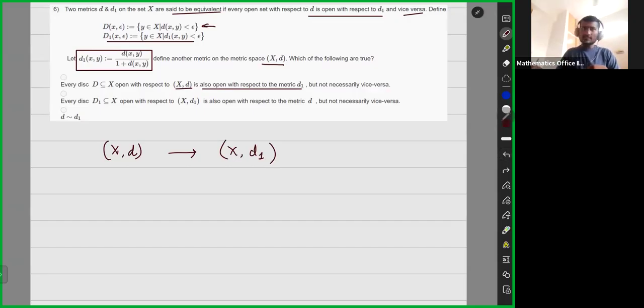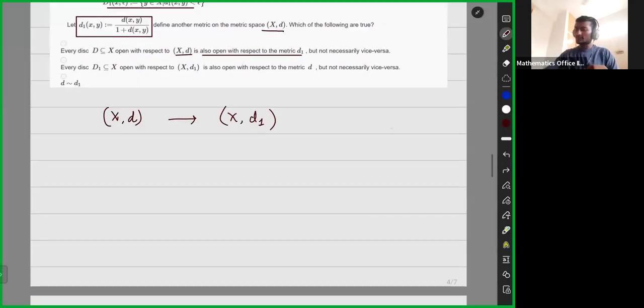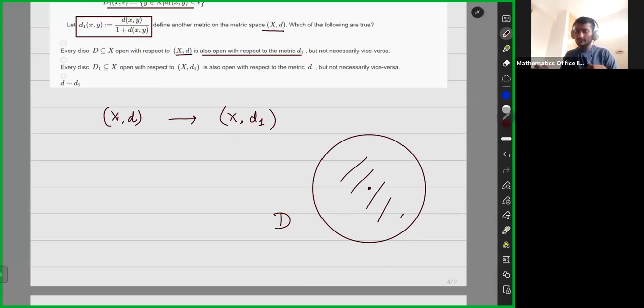So first we create a ball. Every point is an interior point. Let me draw the picture and then we'll see. Let's say this is a ball, this whole thing is D. If we want to show it is open with respect to d1, we have to pick any point z, and there should exist a ball with respect to d1 inside it.